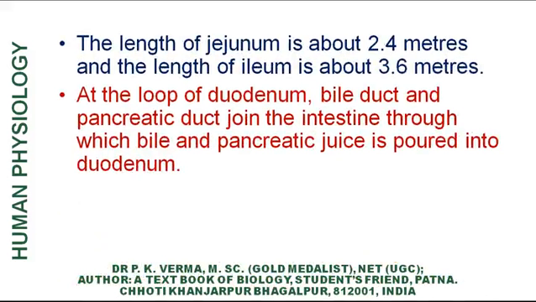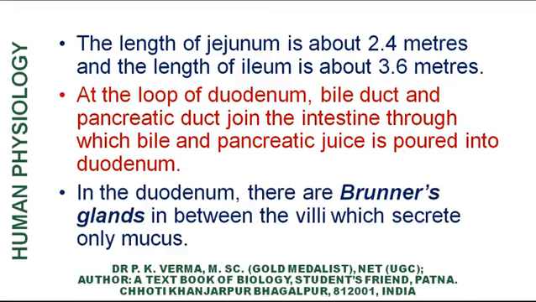At the loop of the duodenum, the bile duct and pancreatic duct join the intestine through which bile and pancreatic juice is poured into the duodenum. In the duodenum, there are Brunner's glands in between the villi which secrete only mucus, no digestive enzyme.